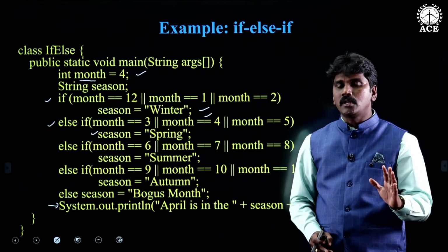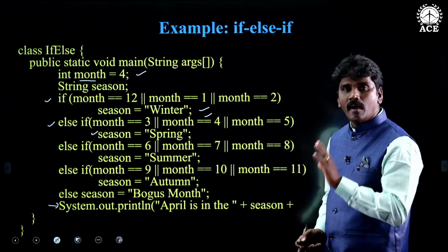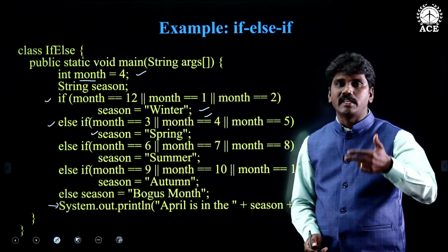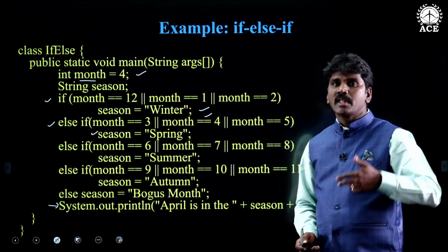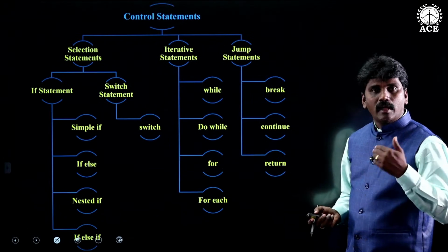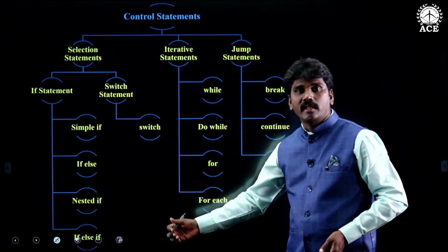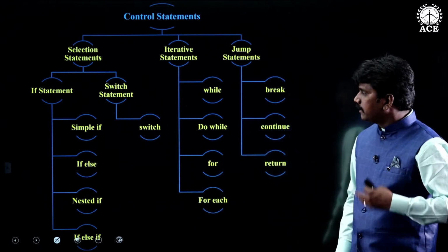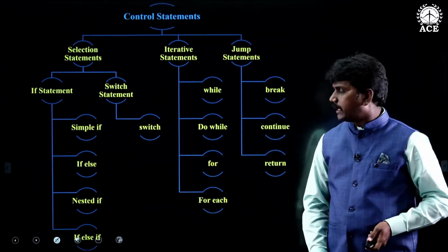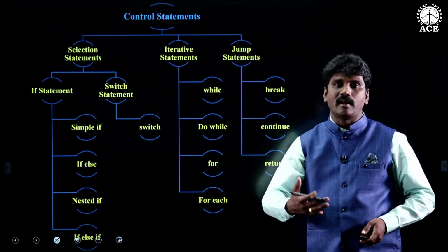Among the control statements, we started with selection statements. Under selection we have the if statement and switch statement. Under the if statement we discussed if, simple if else, and then the else if ladder. The next ones, nested if, switch statement and iterative statements, we will discuss in the next session.